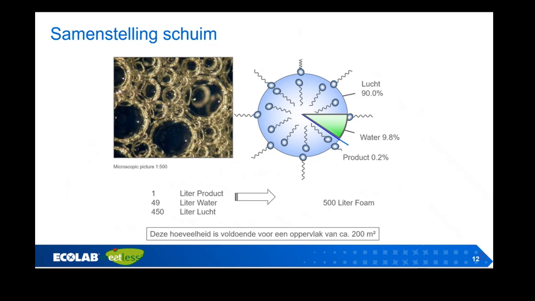Product is just a fraction of your foam. If you have 1 liter of your product, you can make 500 liters of foam. So just to let you see that the product is just a little percentage of your foam bubble.